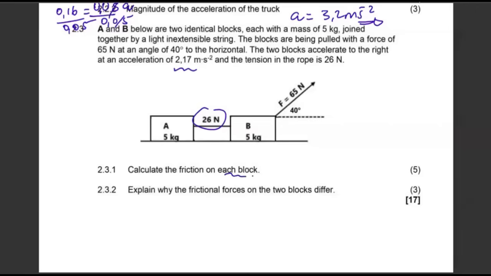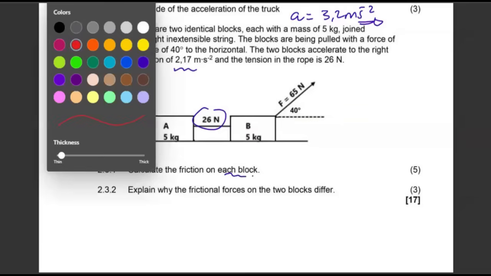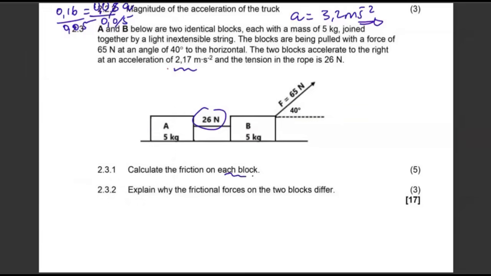Okay, so when you look at body A, if I try to sketch the free body diagram, I need to see how many forces are acting on A. From A, we have the 26, and we say there is a frictional force, and I think that's all.